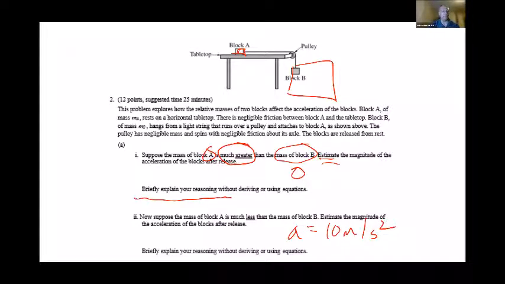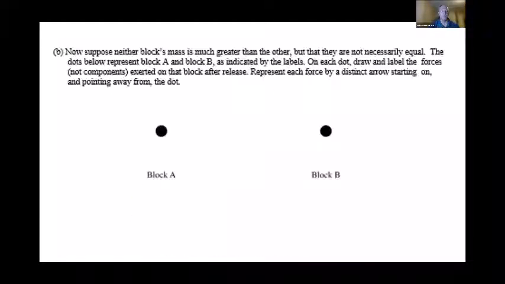All right, so that was the word part. Now we're going to get to a numerical part of this problem. Well, not quite yet. So here's another free body diagram deal. Now suppose neither block's mass is much greater than the other, but they're not necessarily equal. The dots represent blocks A and B. On each dot, draw and label the forces, not components, exerted on that block after release.